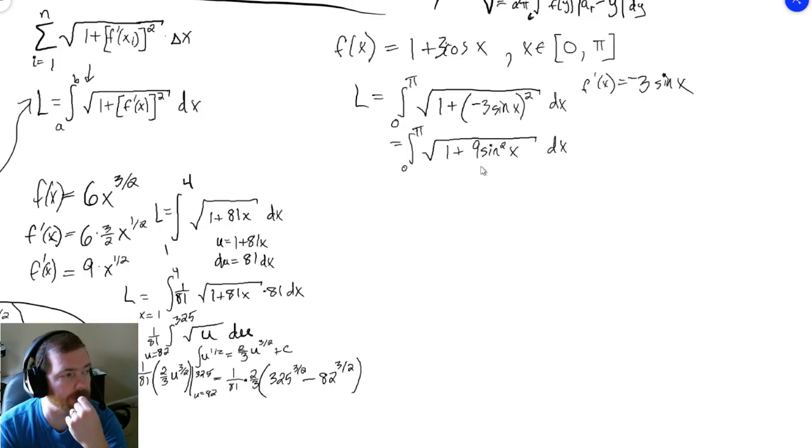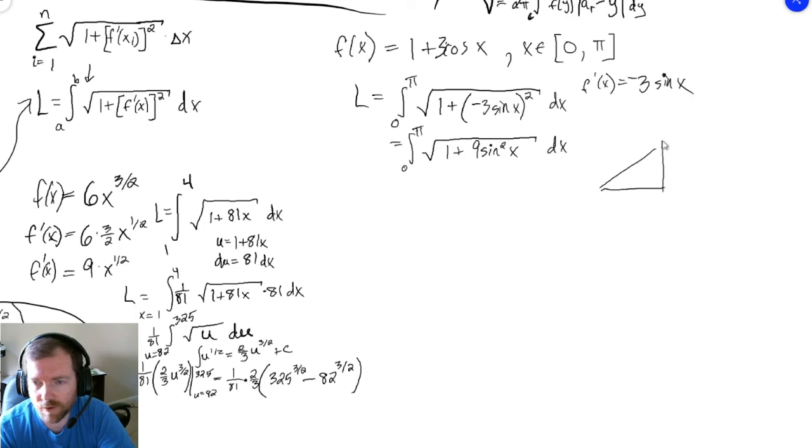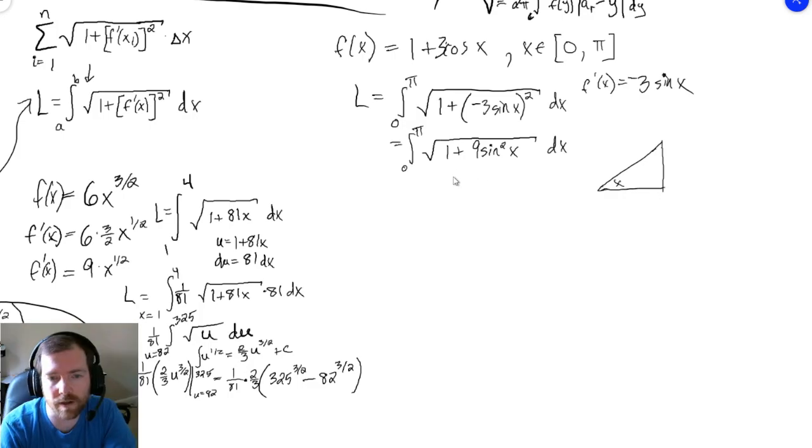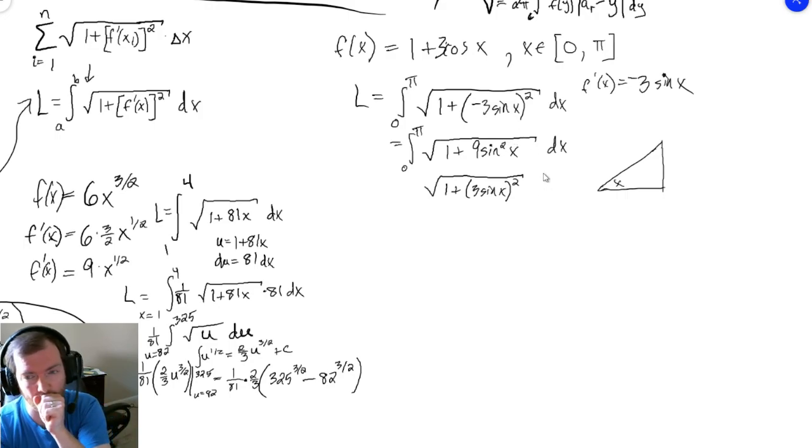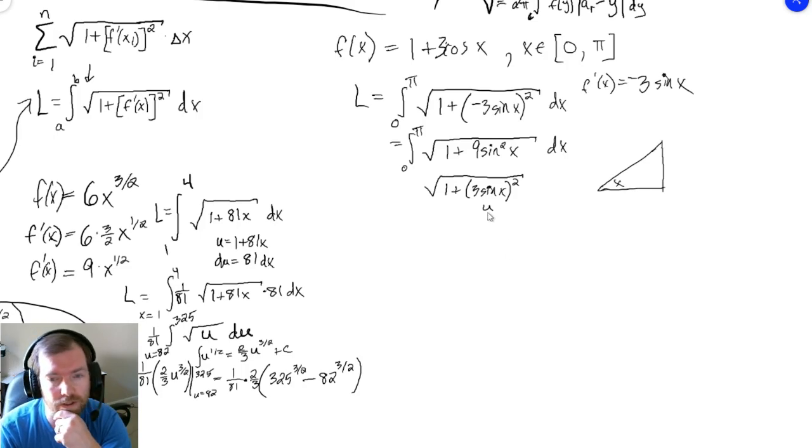Alright, let's see if I remember how to do this. If we do triangle stuff. Alright, this is your x. This is going to be the square root of 1 plus parentheses 3 sine of x squared. So basically leave it as it was before. This says that these are going to be the two legs of the triangle. So I'll let u be equal to 3 sine of x.